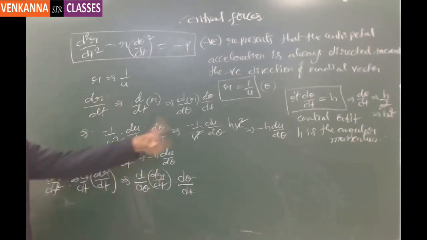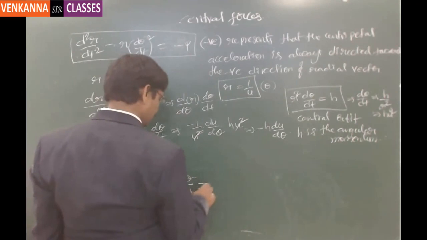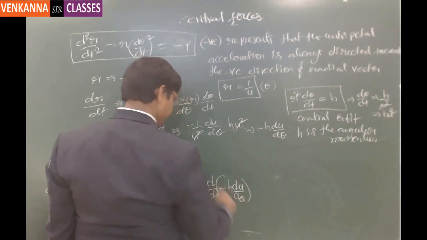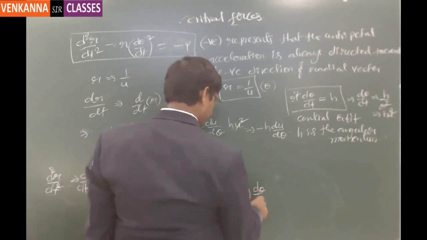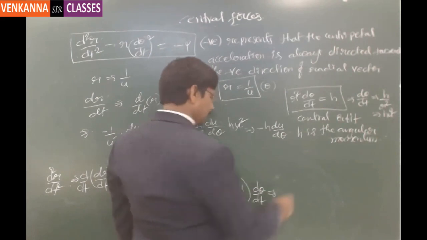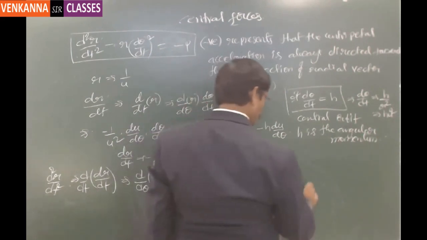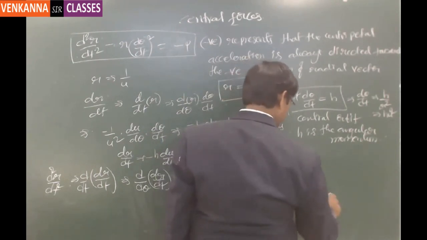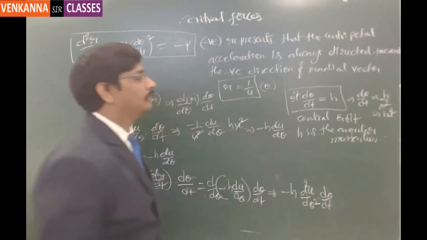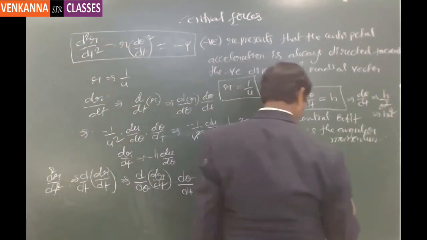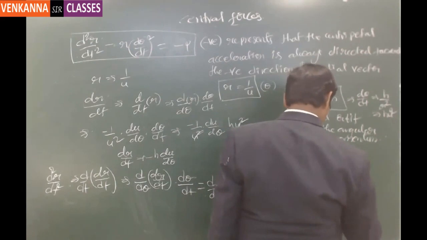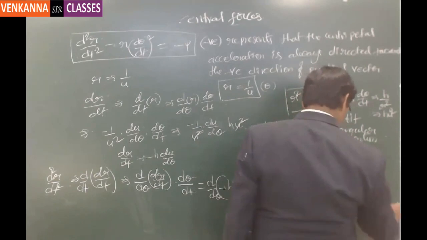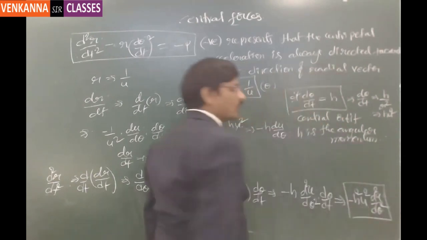So dr by dt we have already calculated, that is minus h times du by d theta, into d theta by dt. So this is d by d theta of minus h into du by d theta, into d theta by dt, and d theta by dt is h by r square, which is equal to h u square. So this is minus h square u square into d square u by d theta square. So this is the value of d square r by dt square.